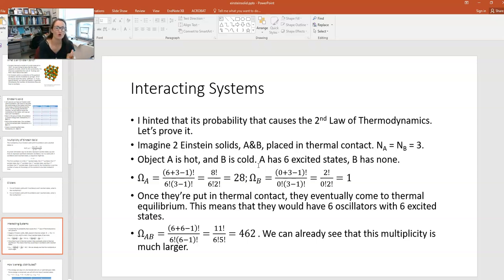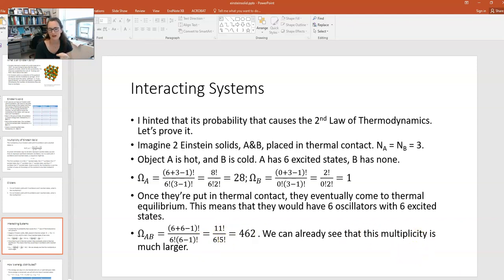So now if we calculated our multiplicity, it would be 6 oscillators, 6 excited states, Q and N both equal to 6. Plugging that into our formula for the multiplicity, we would have 6 plus 6 minus 1 factorial divided by 6 factorial divided by 5 factorial, right? So if we solve that equation, omega AB is 462. So we can already see that this multiplicity is a lot larger simply because there's more oscillators, right?